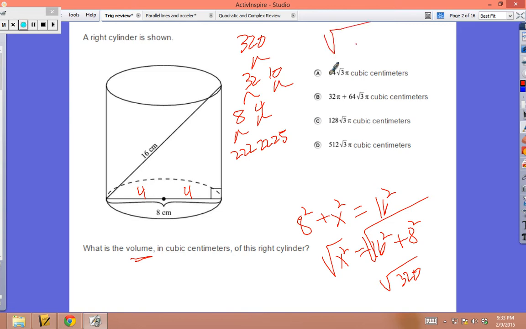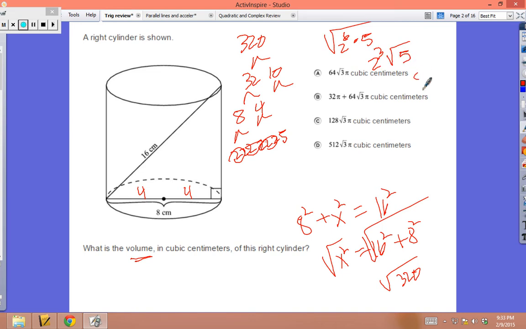So in 320, there's 2 to the 6 times 5, and remember every pair of 2's comes out, so that means 3 2's are going to come out. So on the outside you're going to have 2 cubed, or you're going to have 8. On the inside, you're going to have 5.